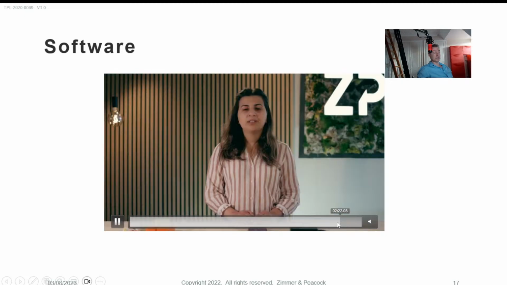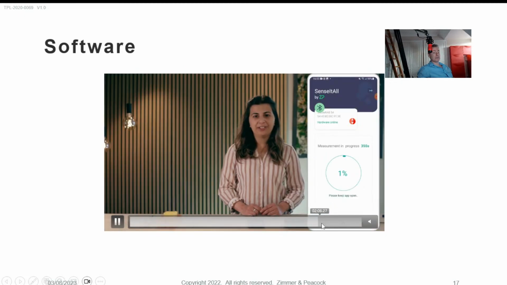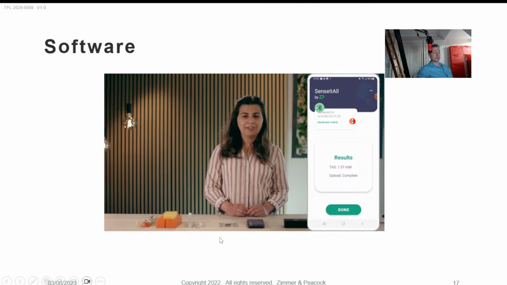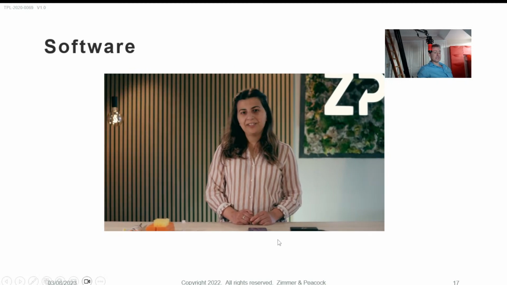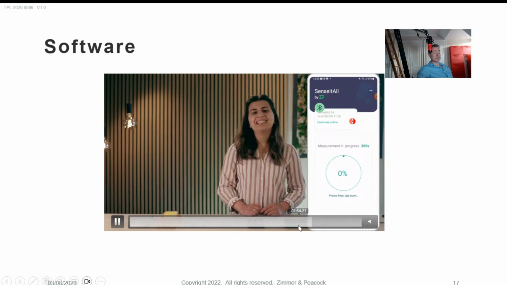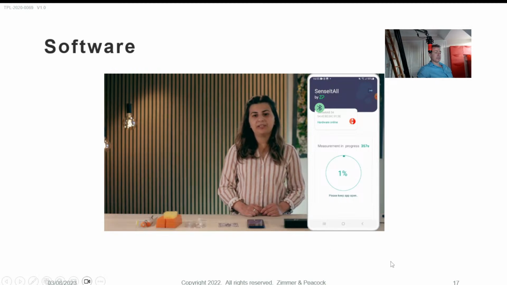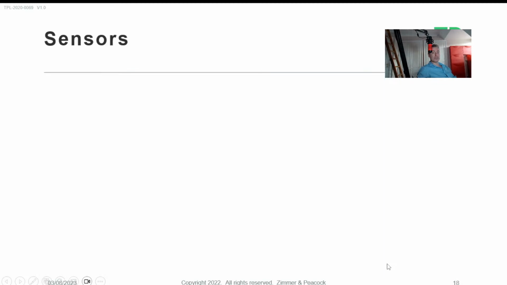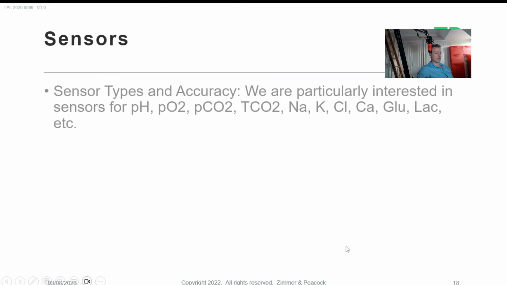But at ZP, we develop software all the time in order to run ZP sensors and also client sensors as well. So it is a skill that we have under our ISO 13485. People do ask whether we outsource it. We don't, because our software often works with hardware, so it's not just a pure software play.